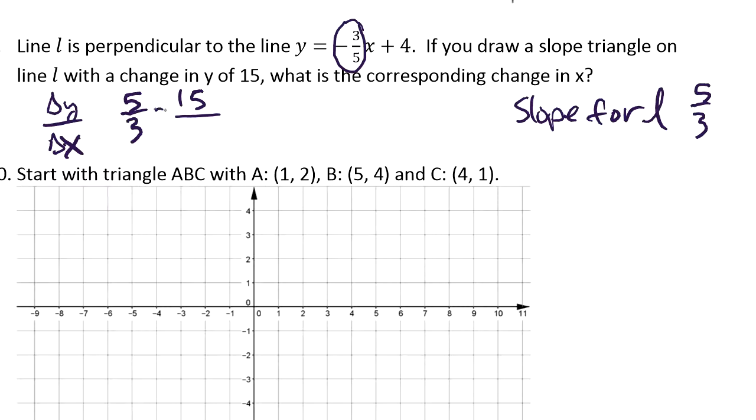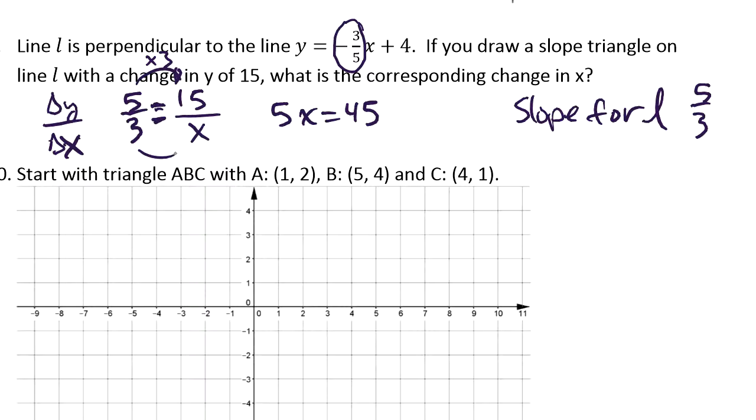So these two have to be equal to each other. So the change in x has to be whatever value makes this proportion true. And the cross products in this case are indeed equal. So if you wanted to, you could go ahead and solve this equation, 5x equals 45, or you could just observe: I'm multiplying 5 times 3 to get 15.